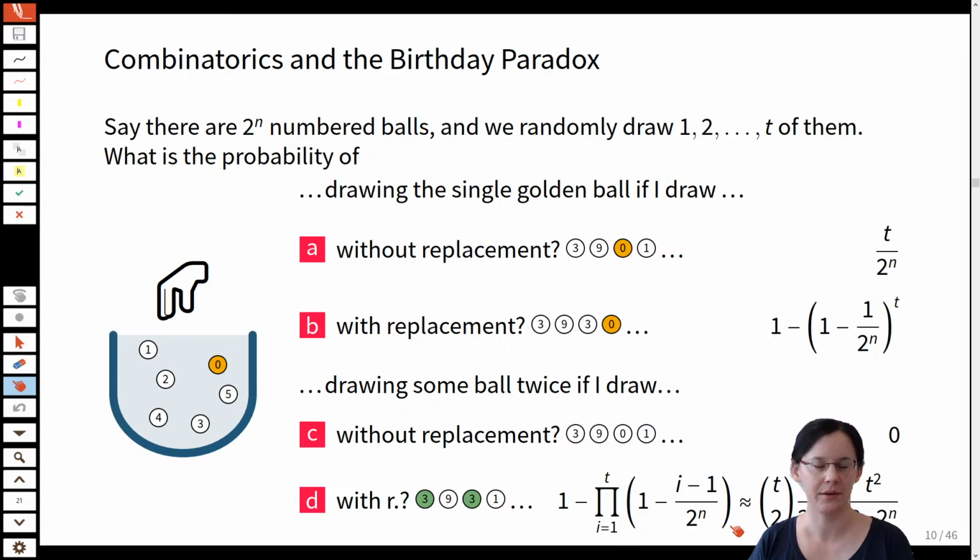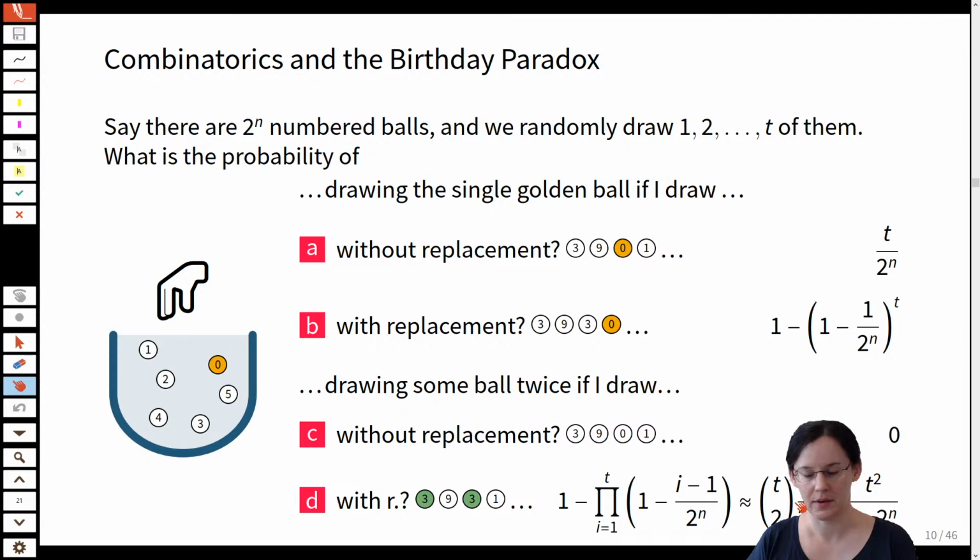But we can do some trickery and rephrasing to see that what we have here is approximately something like t choose 2 times 1 divided by 2 to the n. So t choose 2 is in German called n über k, and it's the number of possibilities how I can draw k, in this case 2, out of t candidates.